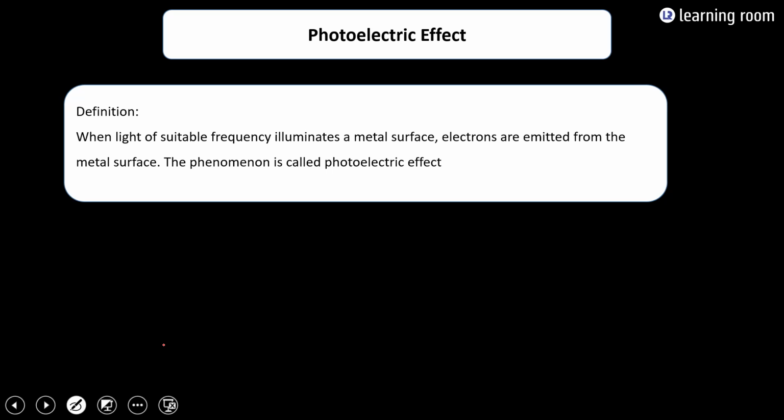When a light of suitable frequency illuminates a metal surface, some electrons are emitted from the metal surface, and this phenomenon is called the photoelectric effect. Keep this word frequency in your mind. Is it clear?